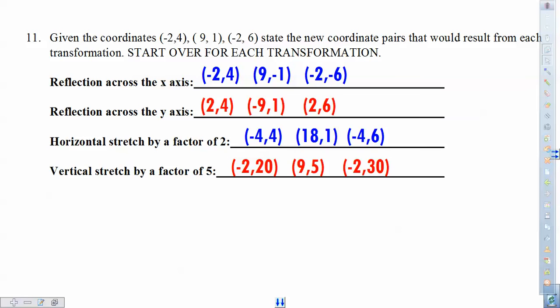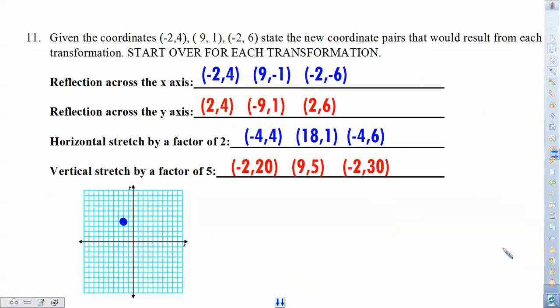Alright, looking at number 11, I already put the solutions up there, so let's just go over what we're supposed to remember when it comes to doing all these transformations. Whenever you're being asked to reflect across the x-axis, like I said before, make sure you picture that coordinate plane. And then just mentally ask yourself, which direction does it go when you want to reflect something across the x-axis.